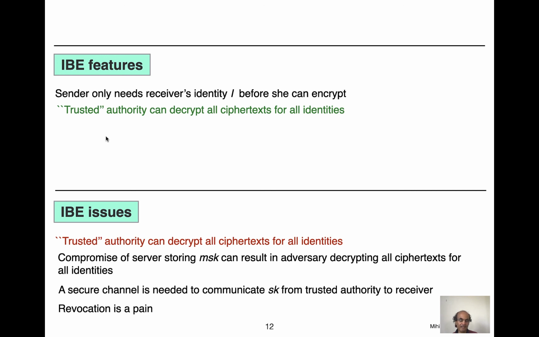And it's interesting how you view that depends on your persuasion or perspective. Certain organizations, for example, view this as a feature. They like the fact that they can decrypt, let's say, all the communications of their employees when they themselves function as a trusted authority for their employees' IBE system.